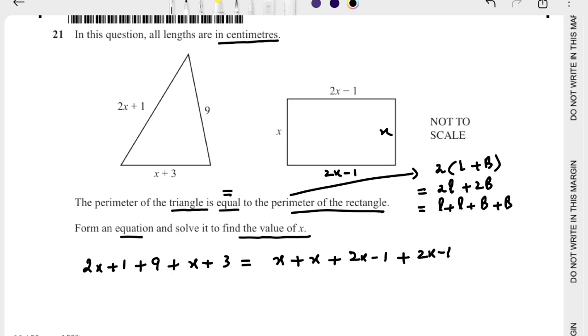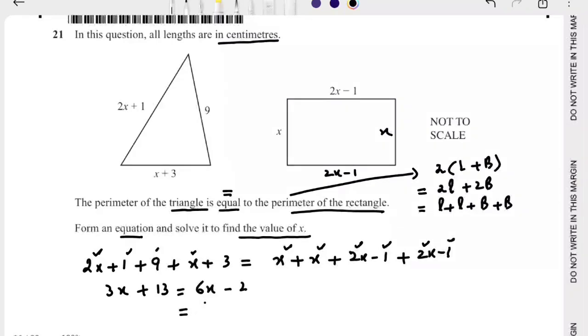Now simplify them. So 2x plus x becomes 3x, and 1 plus 9 is 10, plus 3 is 13, is equal to x plus x, 2x, plus 2x, 4x, plus 2x, 6x, and minus 1 is minus 2.